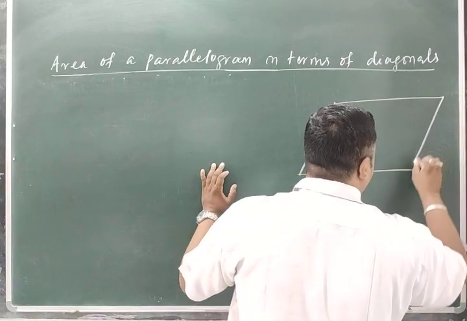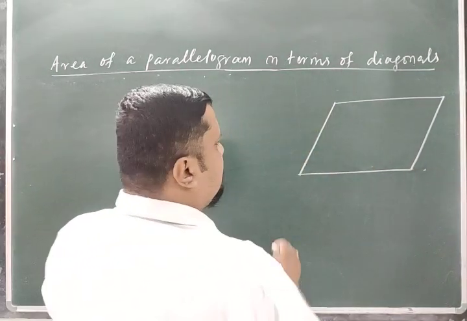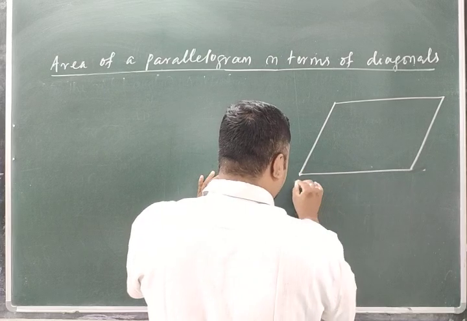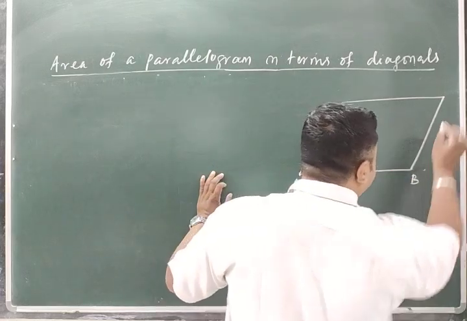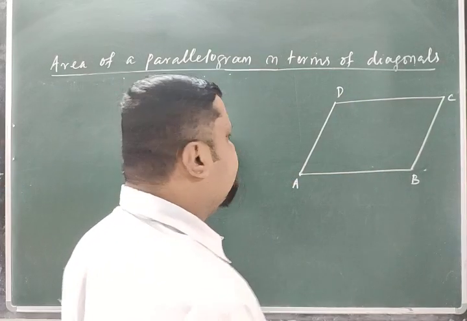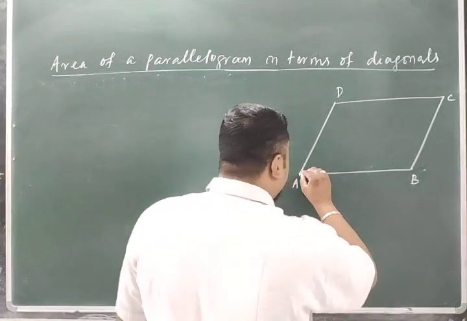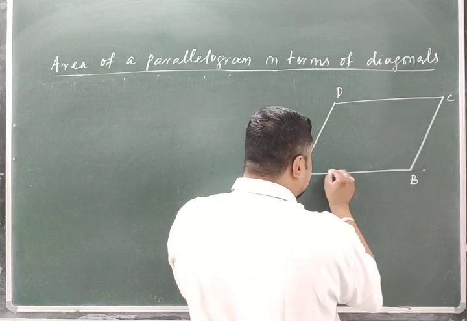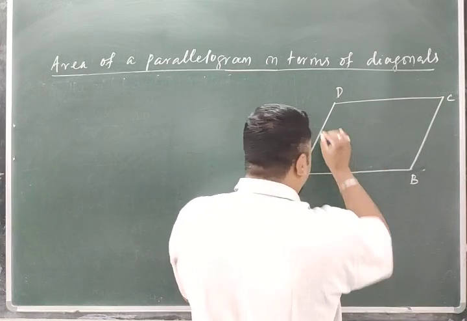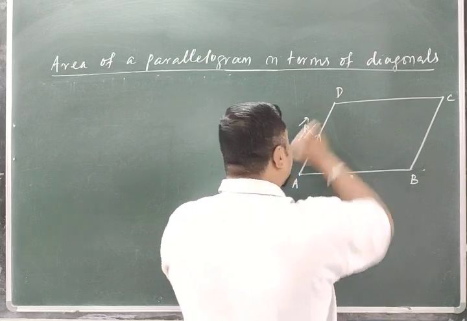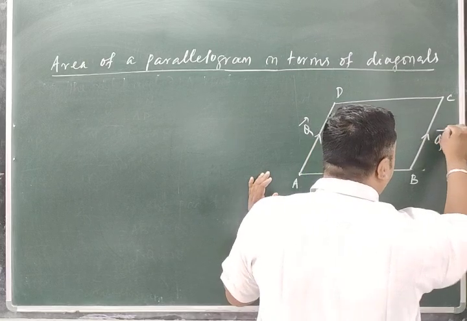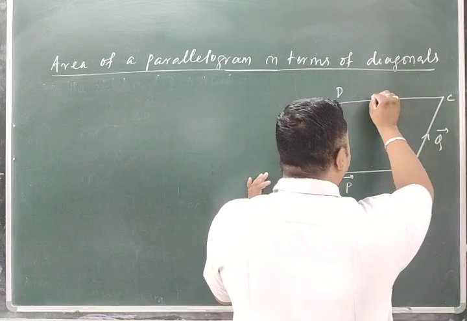So let this be the parallelogram ABCD. Let this side be P and this side be Q. It is a parallelogram, so these sides are parallel, and this is obviously Q and this is obviously P.